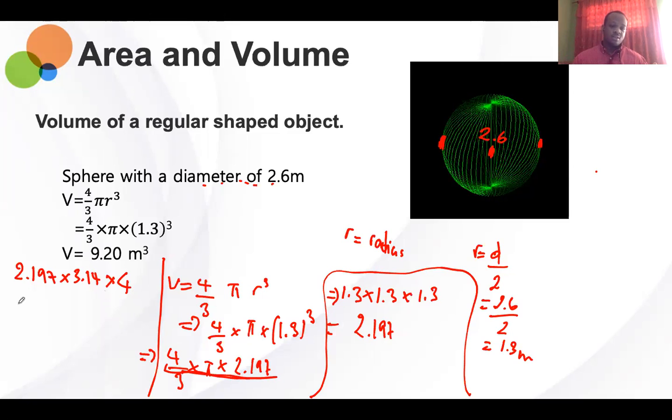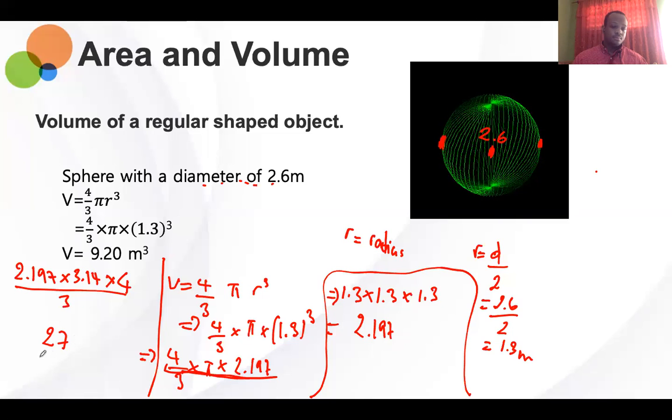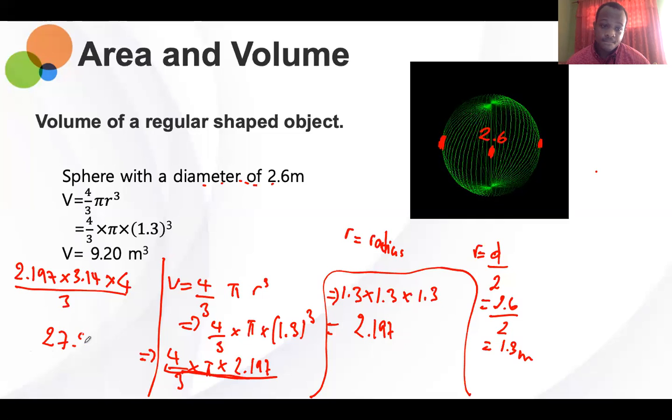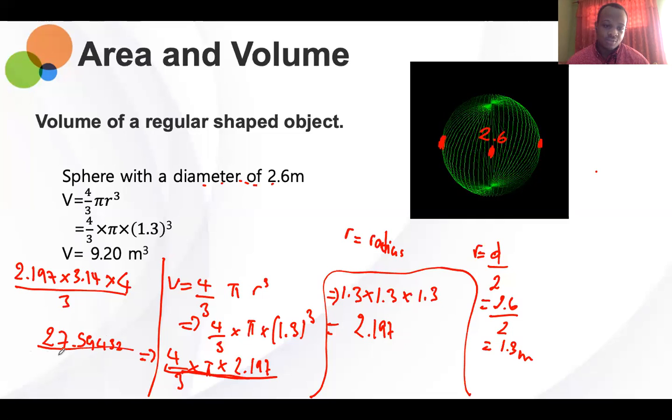27.59432. Right. So we get 27 point 59432. We can put that to 2 decimal places, so that would be just 27.59, over 3, right?